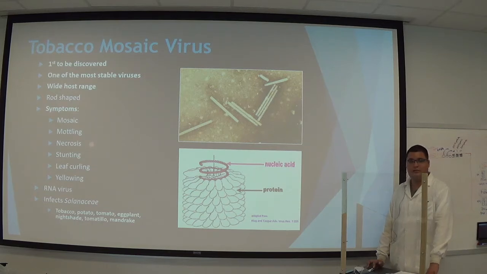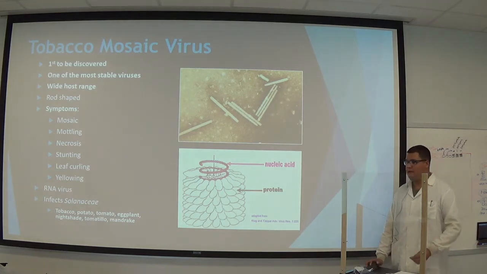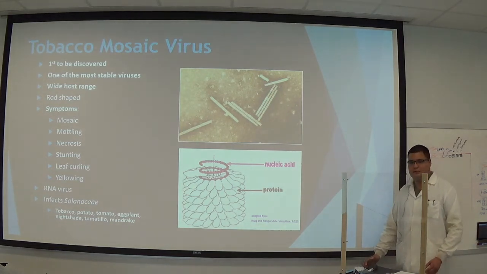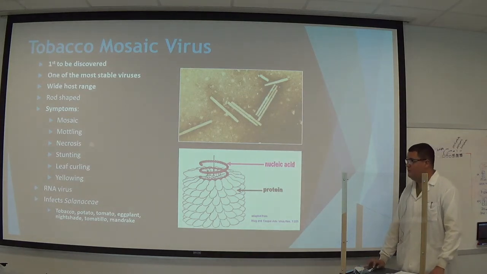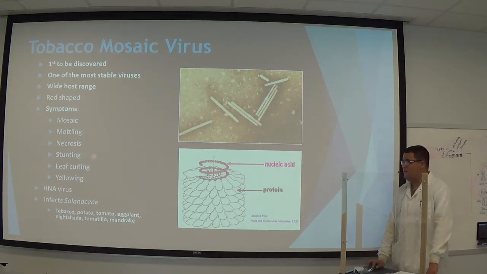That's when the plant can recognize the TMV particle and elicit that hypersensitive response. That's how you get the necrosis. You also get stunting because the plant will start to lose some of its energy to the virus as it replicates.